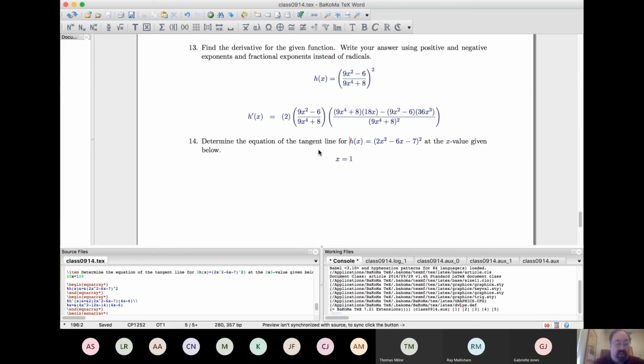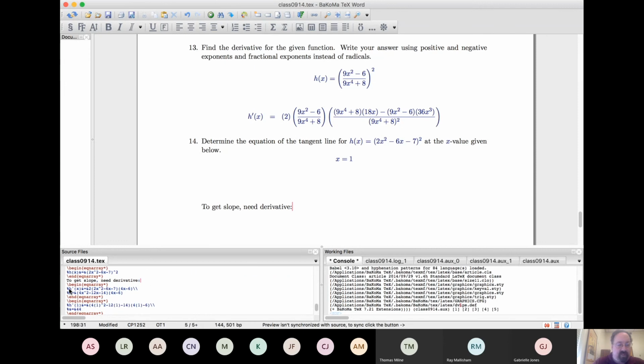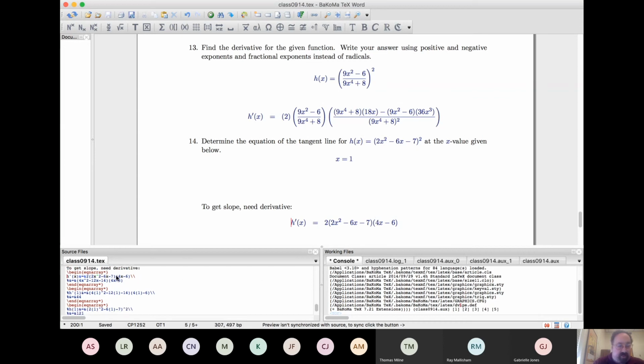The slope of a tangent line is the derivative. So we go ahead and carry that out using the general power rule. So the 2 comes down. Then we have this expression raised to the first power. And then you take a derivative of what's inside here, and that's where the 4x minus 6 comes from.